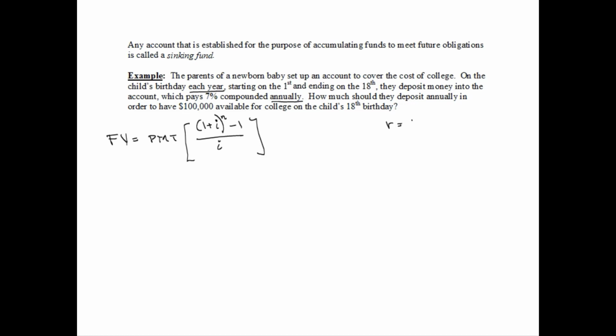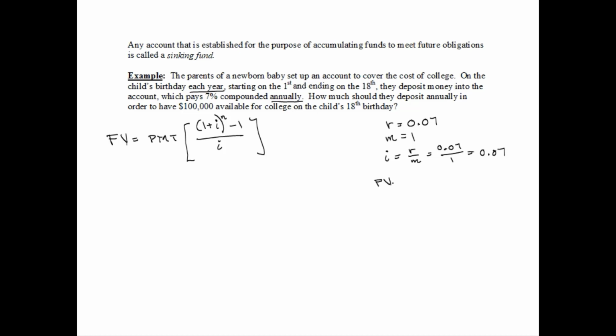So my rate is 0.07. My number of compounding periods per year is 1 because it is compounded annually. Therefore my I, which is R over M, is 0.07 over 1, which is 0.07.